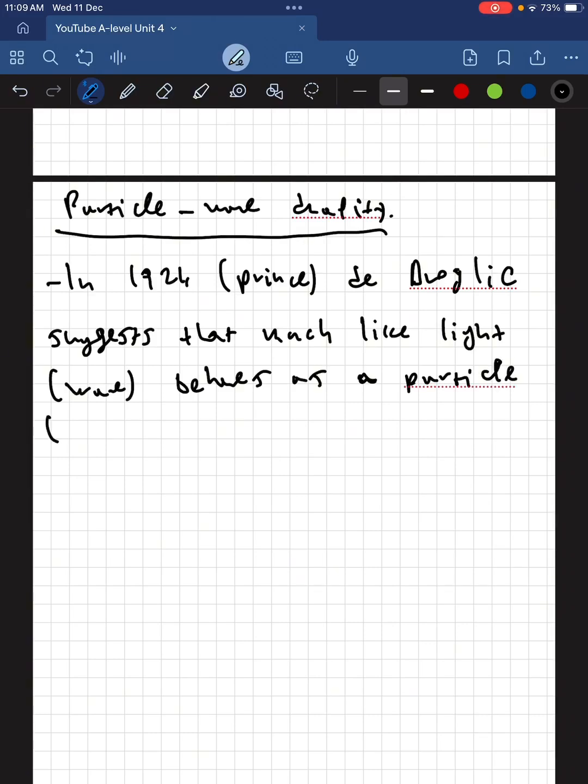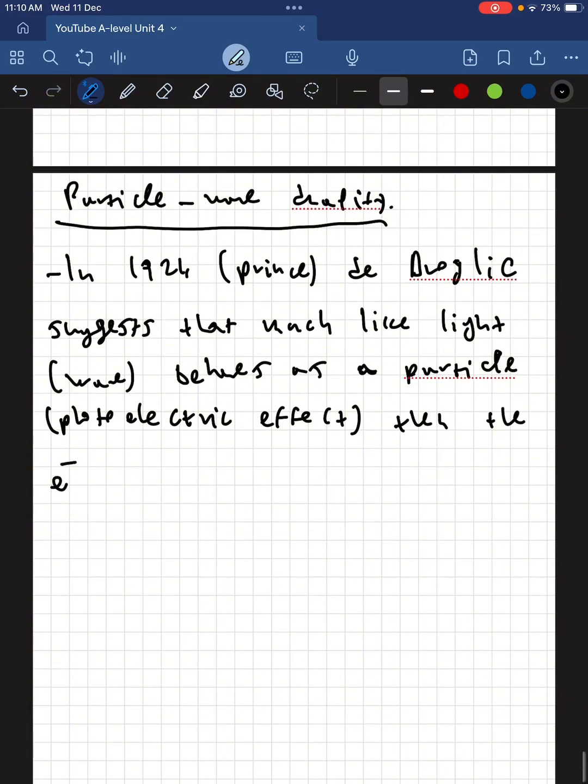So how do we know that? From the photoelectric effect. Then the electron, which is a particle, can behave as a wave.